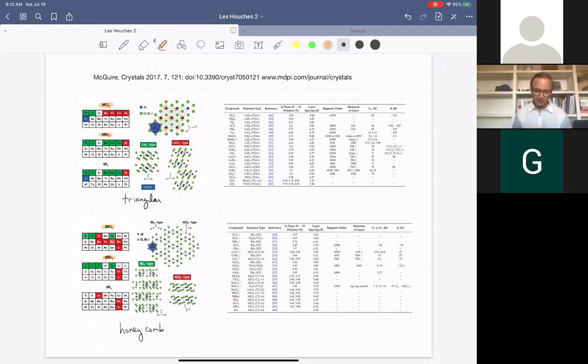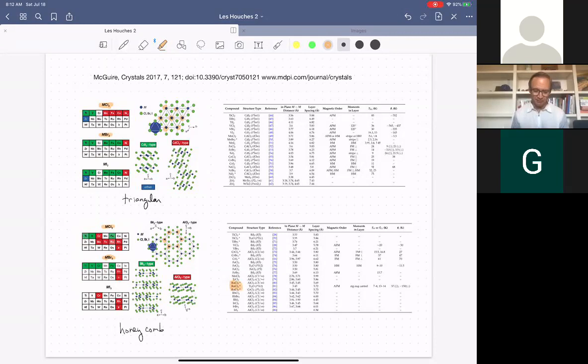ferromagnets of different types. In the second class are systems with a honeycomb lattice structure. Here you can see the transition metal atoms forming a honeycomb lattice like this. This might be familiar to some of you who study more strongly correlated materials. There's one particular material of this type which has been studied a lot recently in the context of spin liquid physics, which is ruthenium trichloride, that appears on this list here.